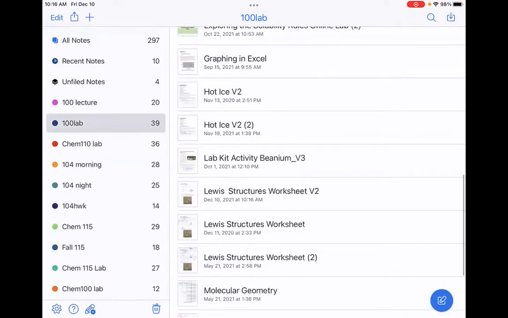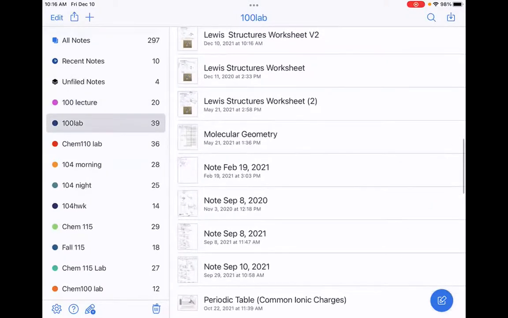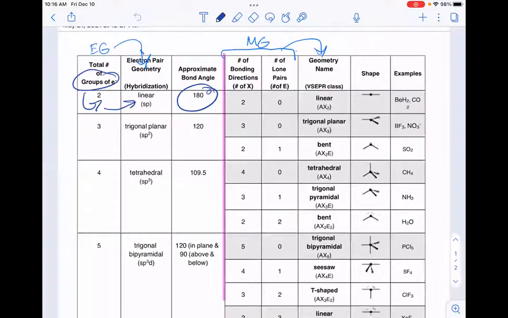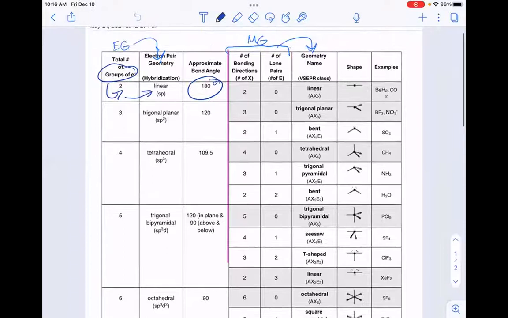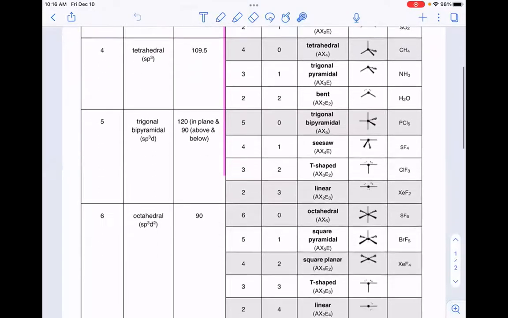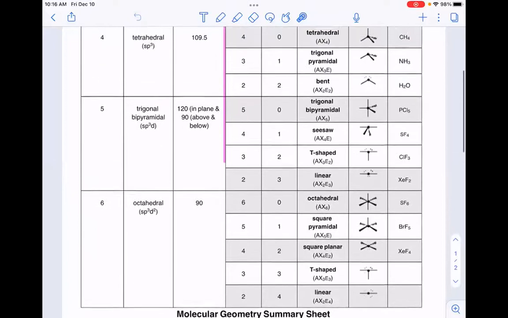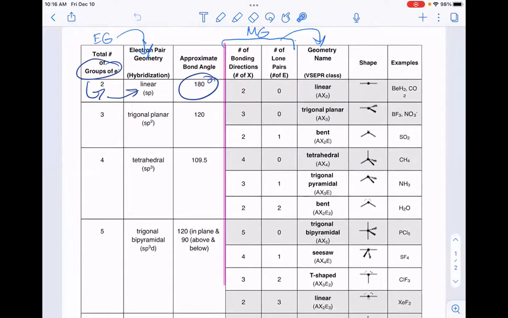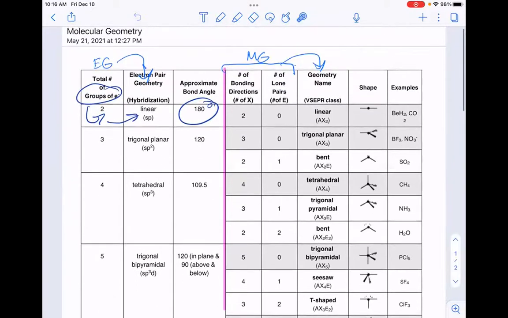No. Let me see. So this is in your Chem100 Canvas. When you're trying to use this specific reference to determine the electron geometry and molecular geometry, let me see here.